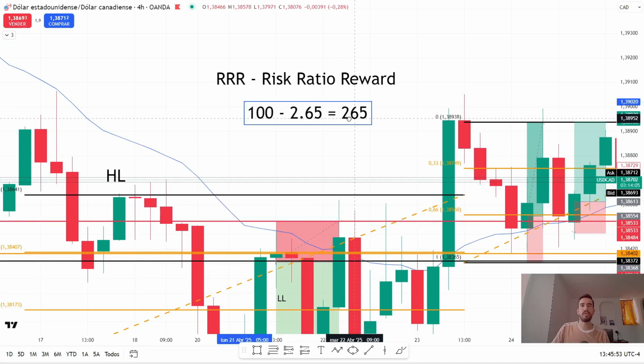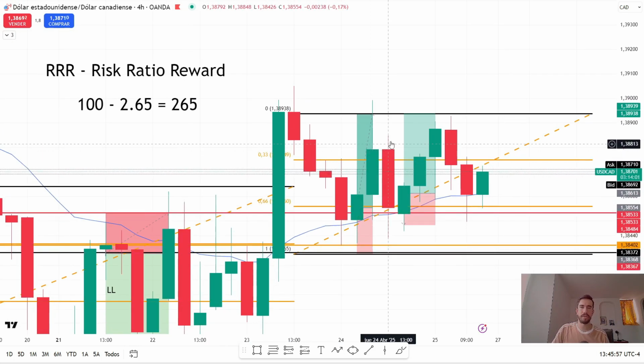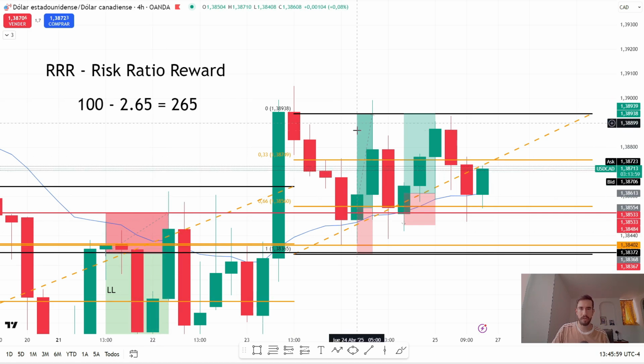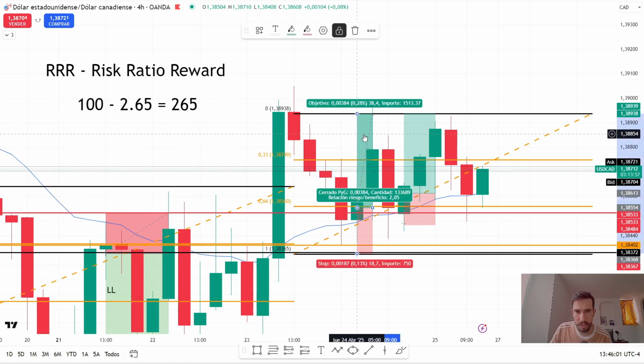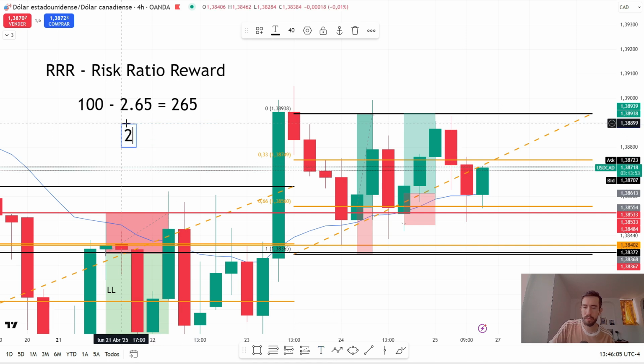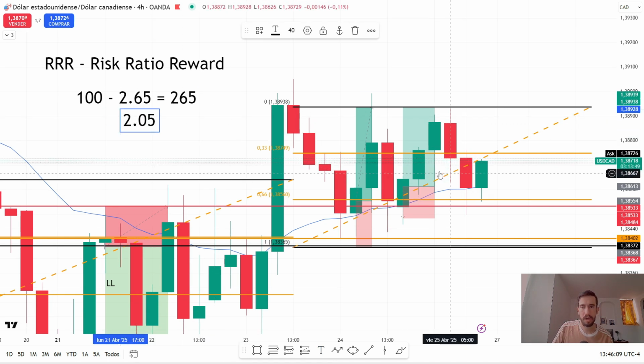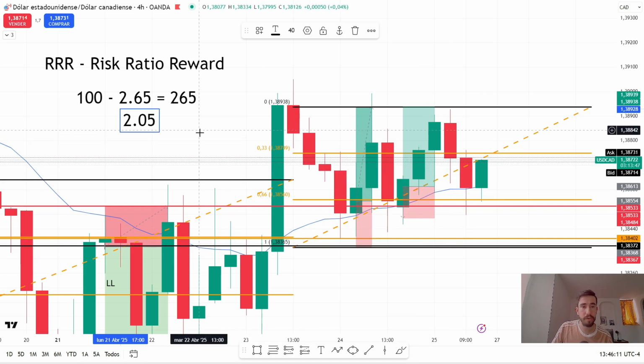If you take all your trades like this, for example, in this change of structure, I took this one, this is a 2.05 risk ratio, and this one was 2.53.